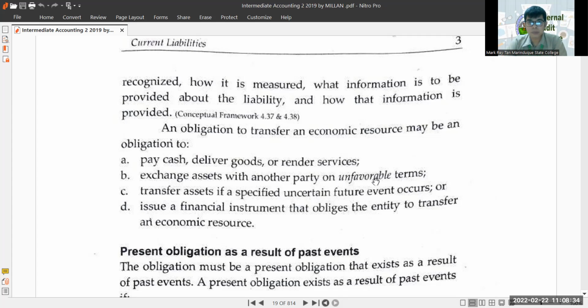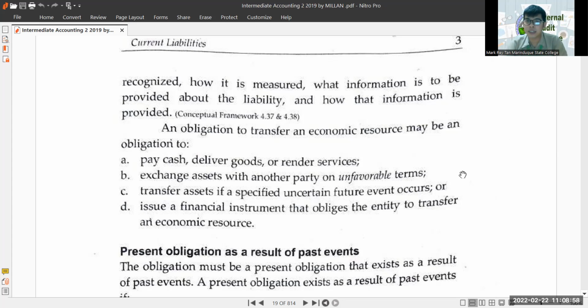Bakit siya unfavorable? Kasi nga, it is a liability that has to be settled. So of course, it is unfavorable for the entity to have an outflow of economic resource. Kaya siya unfavorable. If asset ang pinag-uusapan natin, edi it's just simply exchange assets with another party on favorable terms.